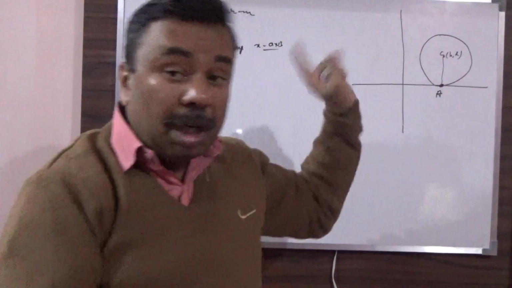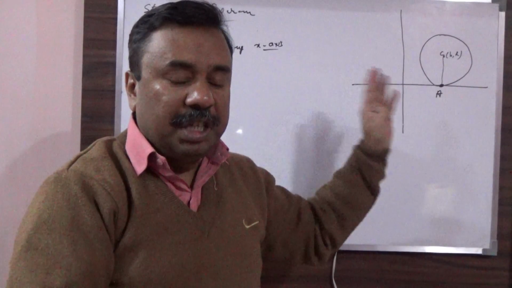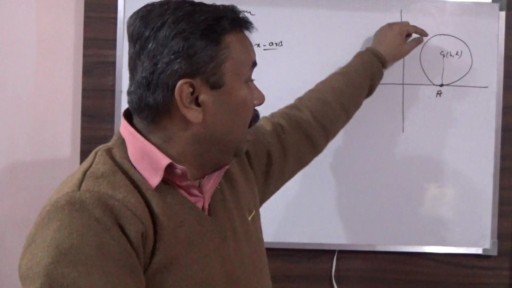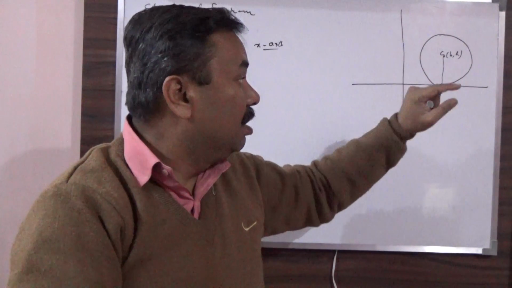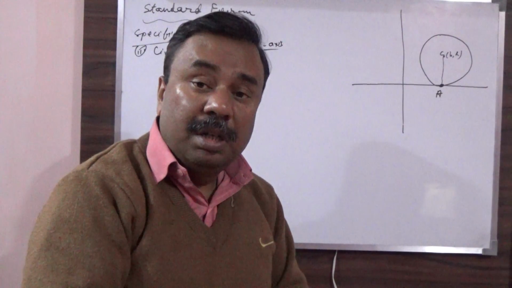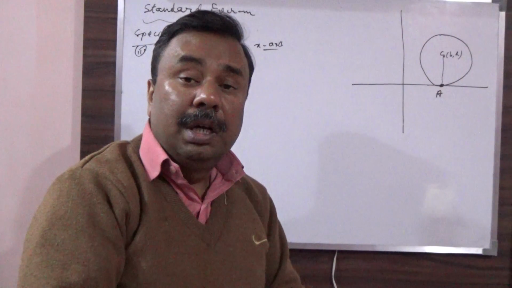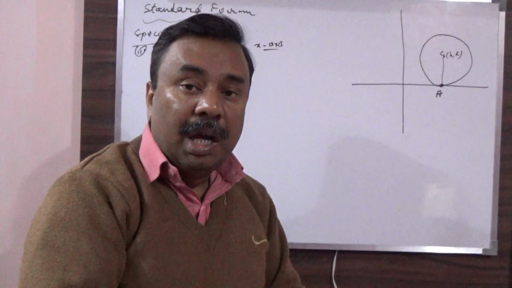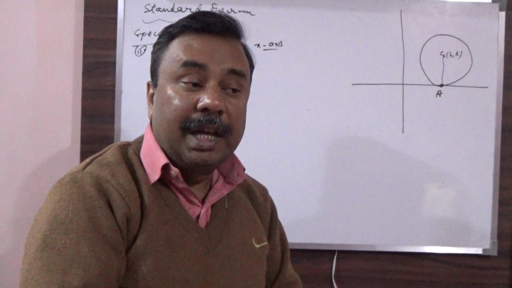I will once again repeat, I have gone a little bit fast. So see, you must have studied in your earlier classes that any line drawn from the center of the circle to the point of contact of the tangent will be perpendicular to the tangent.